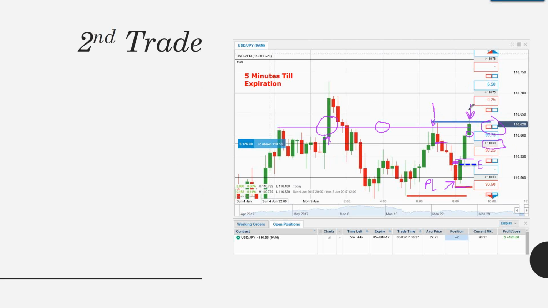Now, what is the significance of having that 5 minutes? Does anybody know? This is 5 minutes until expiration. More likely than not, this bar will continue to be above your strike.